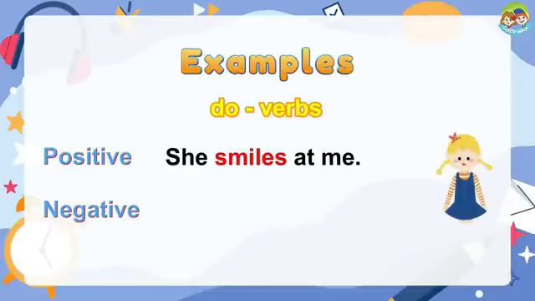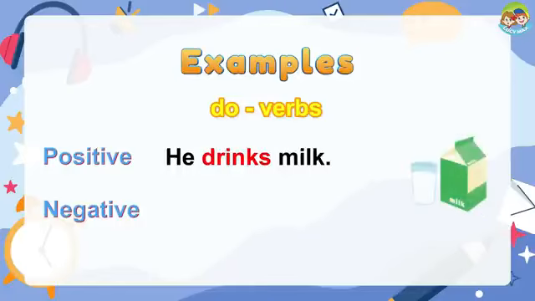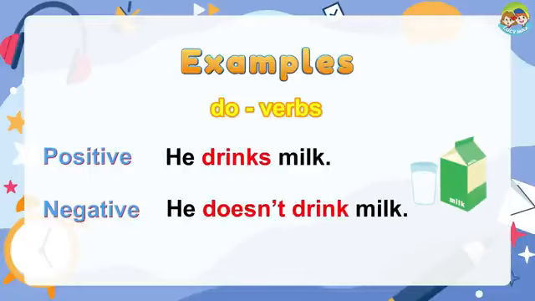She smiles at me. The negative is she doesn't smile at me. He drinks milk. The negative is he doesn't drink milk.